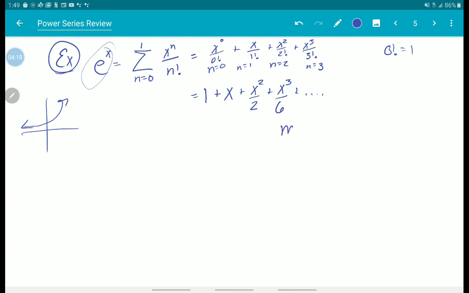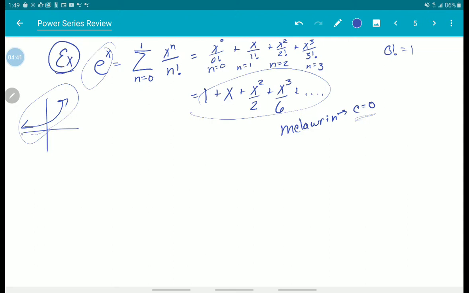And since this is Maclaurin, the center is at 0. So around x equals 0, this will look really close to this. Now, end behavior is going to be different, but around that center, it should lay pretty close to being on top, if not on top of that curve.